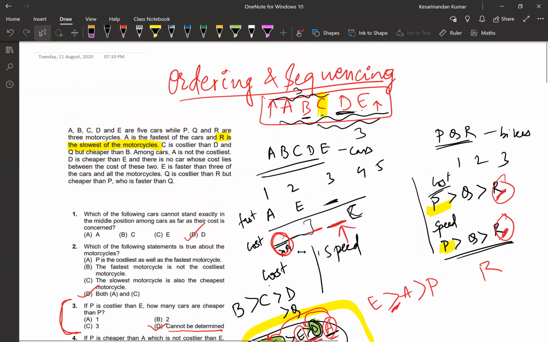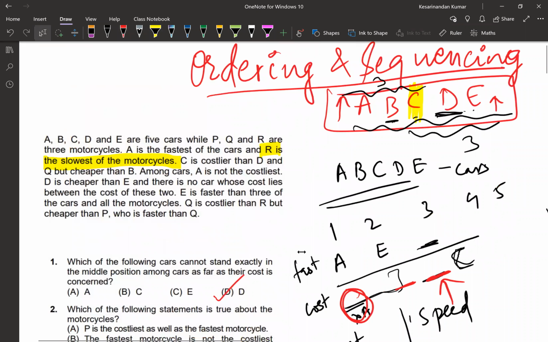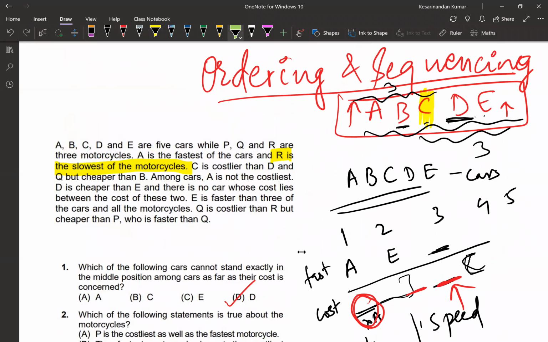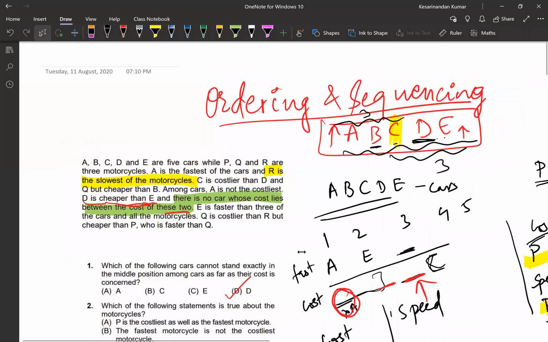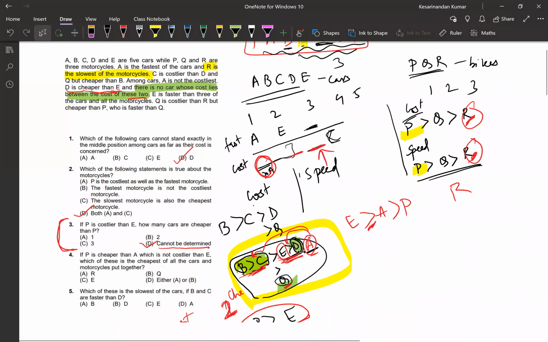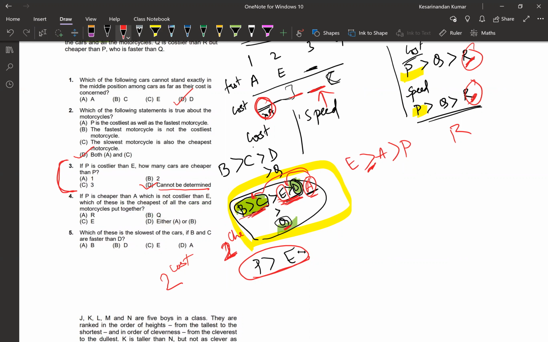So what Uttam was telling is this statement here. Which two are we referring to? E and D. That means E and D have to be next to each other.